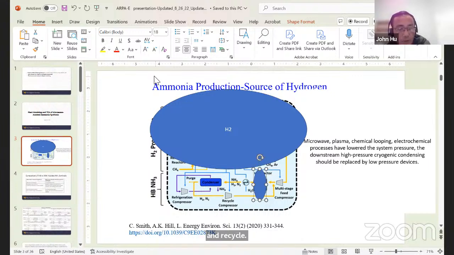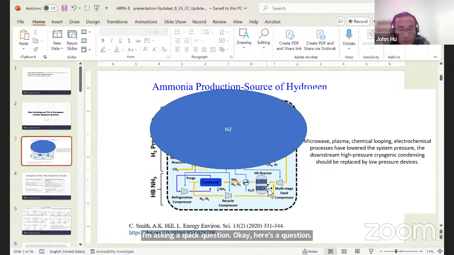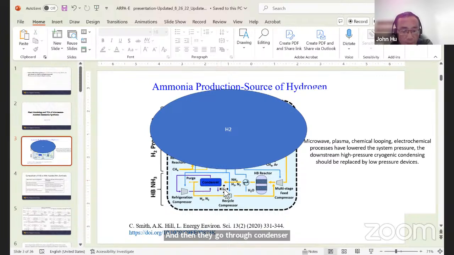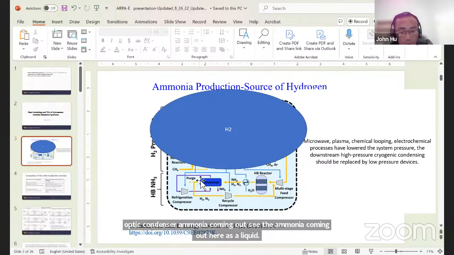Here's a question. Ammonia synthesis is at 250 bar. After the reaction, a gas comes out which contains ammonia, hydrogen, and nitrogen, and it goes through the condenser, and after the condenser, ammonia comes out as a liquid, and hydrogen and nitrogen are recycled.